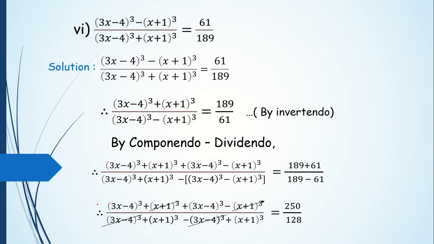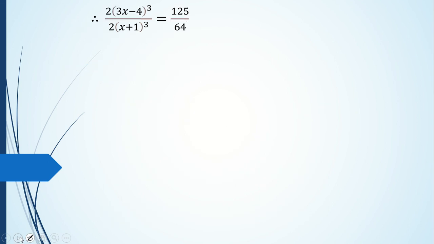Now here this we will write as 2 times (3x minus 4) the whole bracket cube, because this plus this is there, same terms, so 2 times we will write. So 2 times (3x minus 4) the whole bracket cube upon 2 times (x plus 1) the whole bracket cube is equal to 125 upon 64.